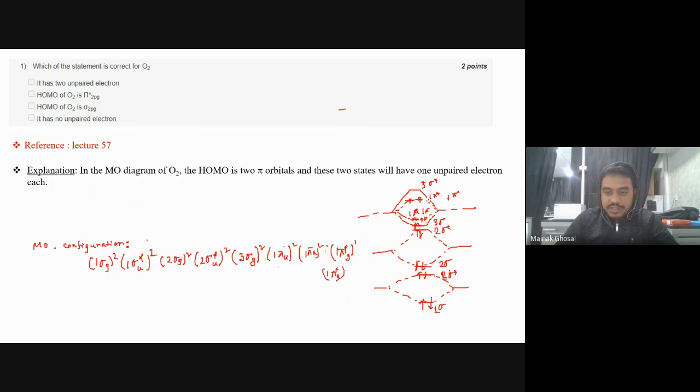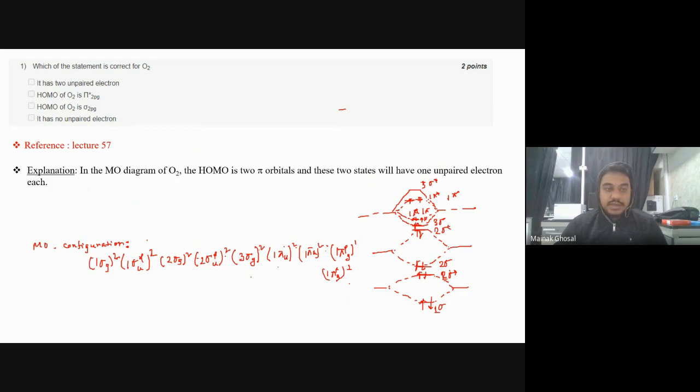This is the configuration of oxygen. Counting the electrons: 2, 4, 6, 8, 10, 12, 14, 15, and 16. So I have 16 electrons.